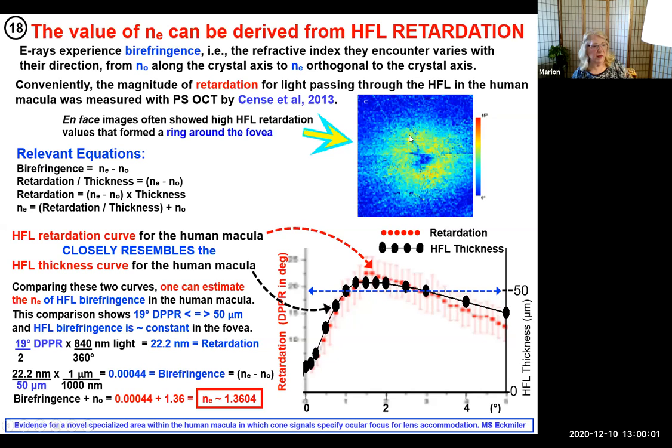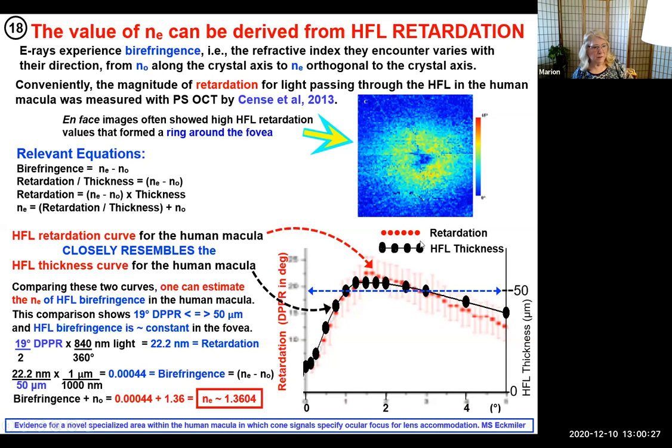And he found that often the most retardation, which is related to birefringence, occurs as a ring around the fovea, shown here in color coding. And he measured this in various humans' eyes, the retardation as a function of retinal eccentricity, and his data are shown as these red dots.